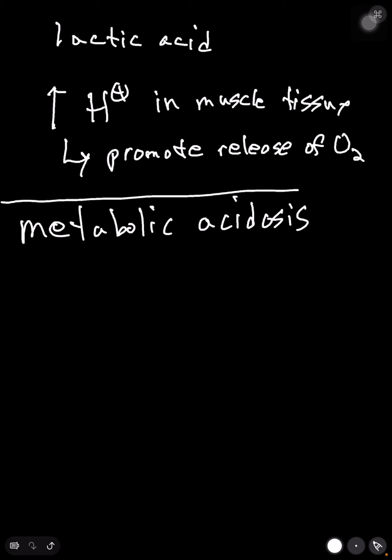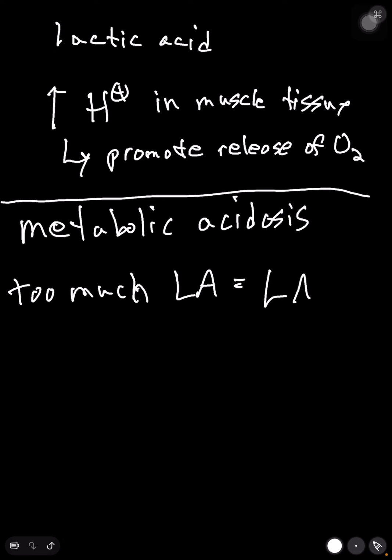If you get to a point where you produce enough lactic acid, eventually some of that lactic acid will enter the bloodstream from your muscles. And that will slightly decrease the pH of your blood.